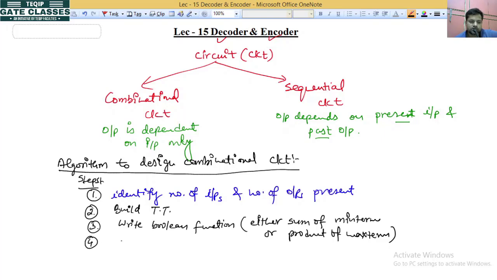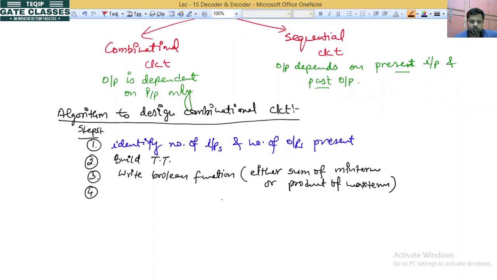Now the fourth step is to simplify the Boolean expression. Whatever Boolean expression you get from the third step, you have to simplify using either Boolean algebra or K-map.